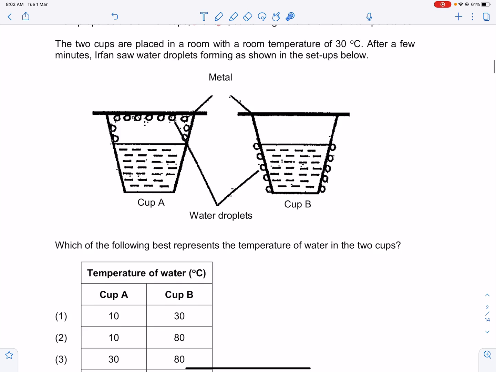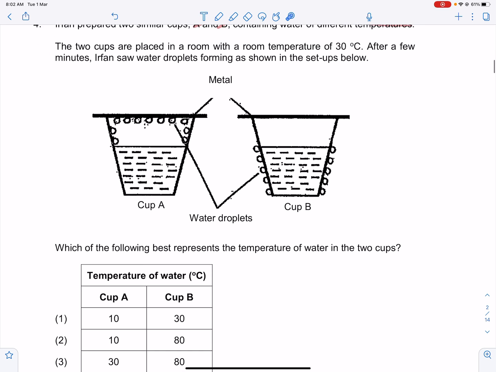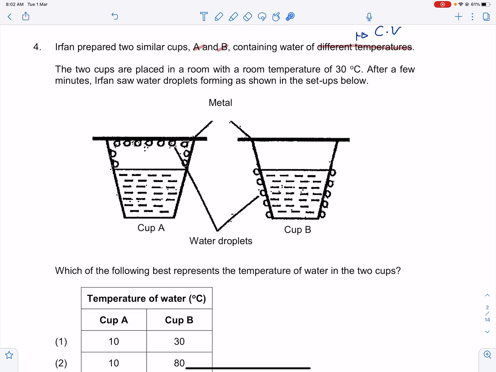Now, for this question, always remember, when you see water droplets forming, it means that condensation has happened. The site on which the water droplets form would be the site that has the warm water vapor. So I'm just going to draw it in.